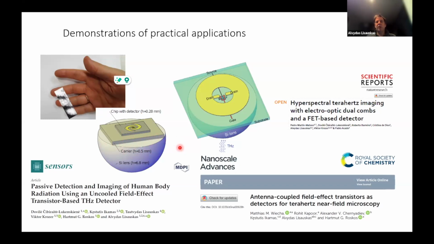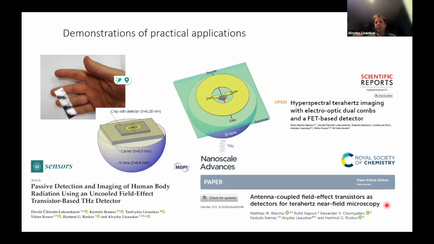But it just shows that such devices are really capable of many things in different applications, like sensitivity for passive radiation, hyperspectral imaging using electro-optical dual combs, or directly for SNOM experiments, for high resolution near-field optical microscopy.